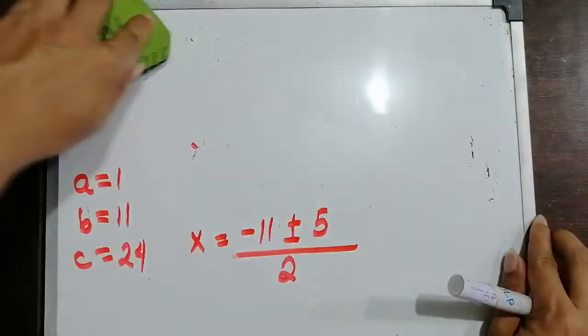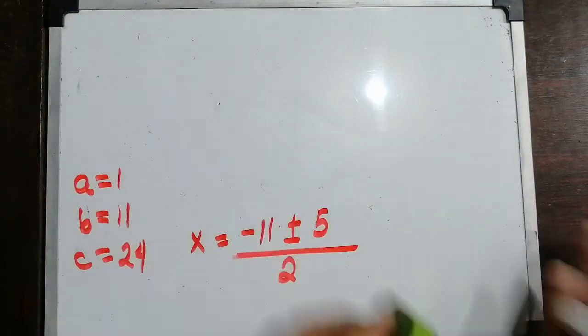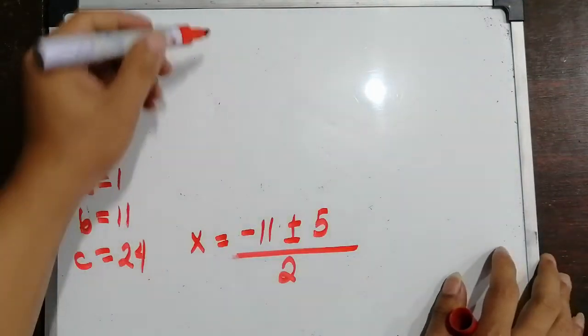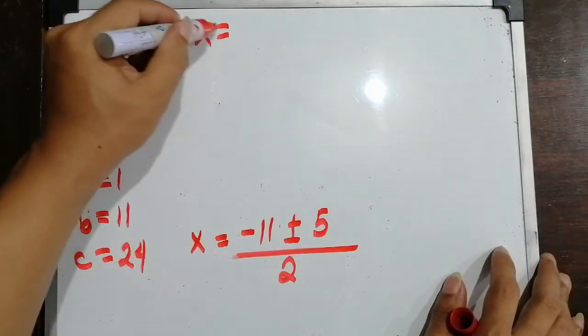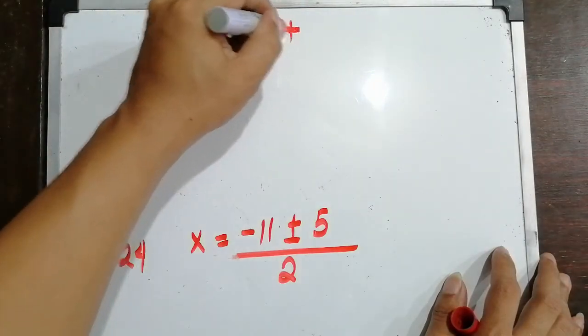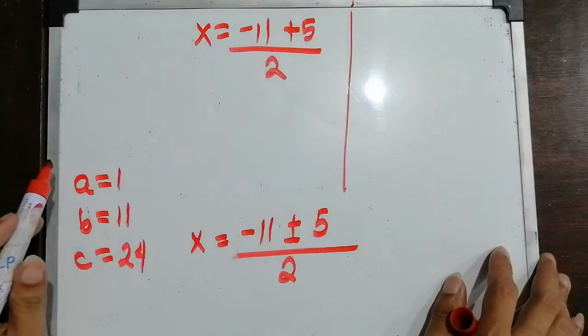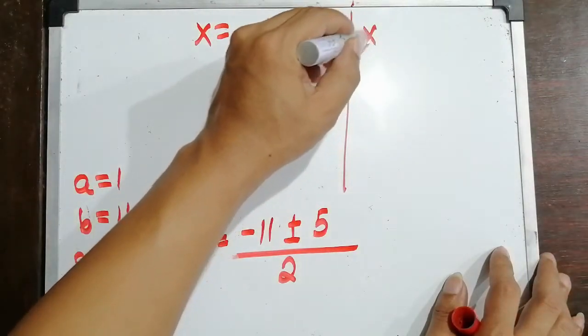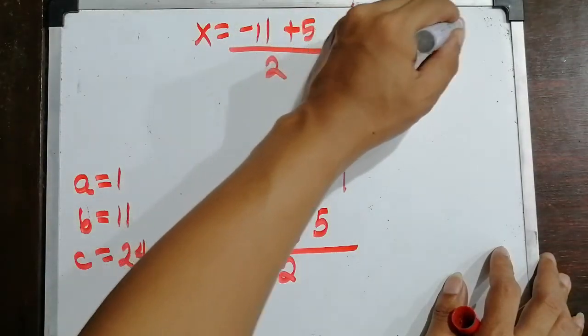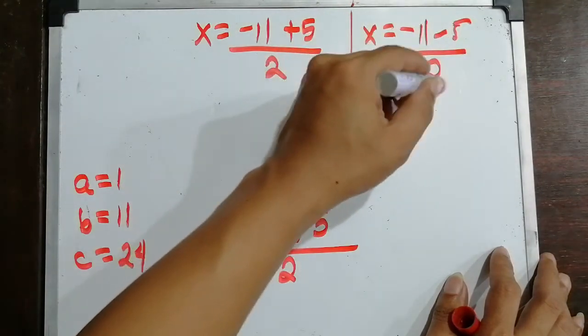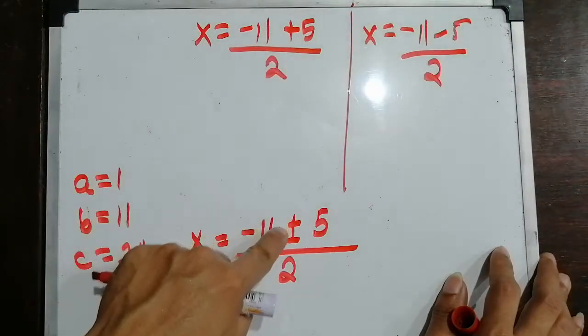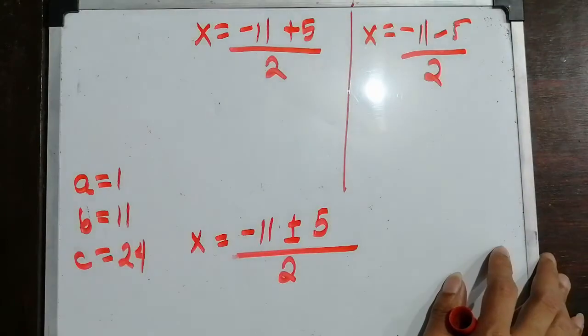Pause nyo lang yung video kung kailangan yung kopyahin. So, x equals negative 11 plus 5 over 2. Yan yung isa. Yung isa naman ay x equals negative 11 minus 5 over 2. So, we have plus, we have minus. Okay?